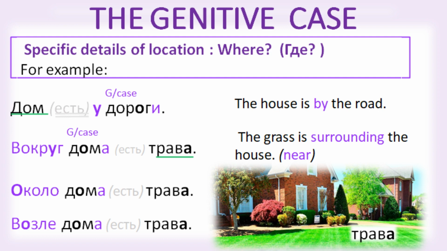Вокруг is a compound of the noun круг, which means circle, and the prefix во, which means around. Около дома трава. The grass is near the house. Or возле дома трава. The grass is near the house.